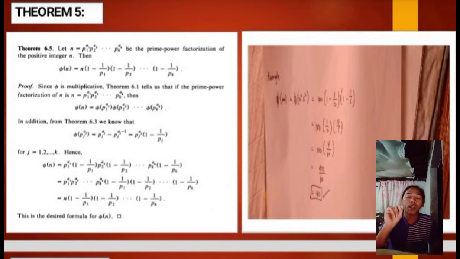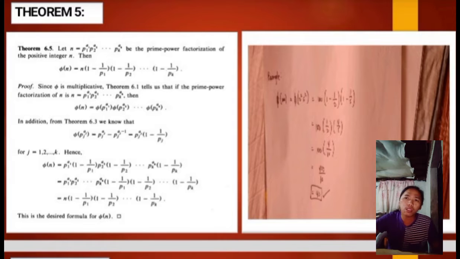So 100 times 1 half times 4 fifths is 4 over 10, because 1 times 4 is 4 and 2 times 5 is 10. Then 100 times 4 is 400 over 10, and 400 divided by 10 is 40. So therefore, phi of 100 is 40.